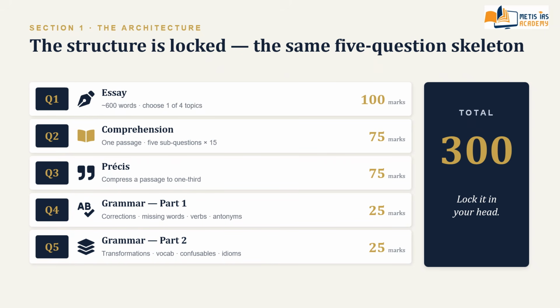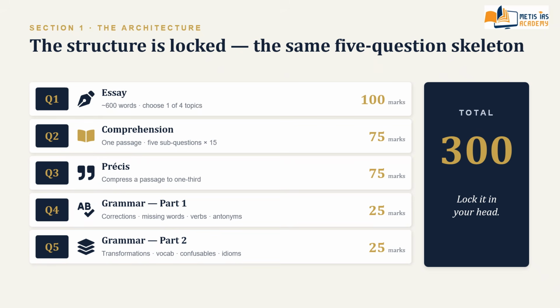So we are moving to section number 1, that is architecture, also called structure. First, what is the architecture? As far as the general English paper is concerned, from 2014 onwards, UPSC moved into a remarkably stable architecture that has stayed broadly unchanged till 2025.